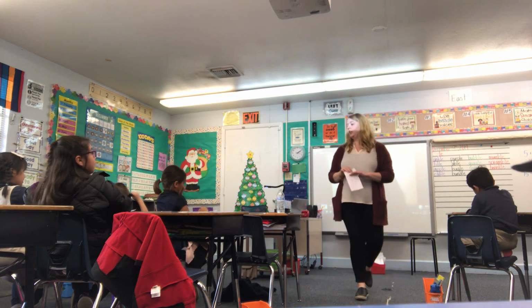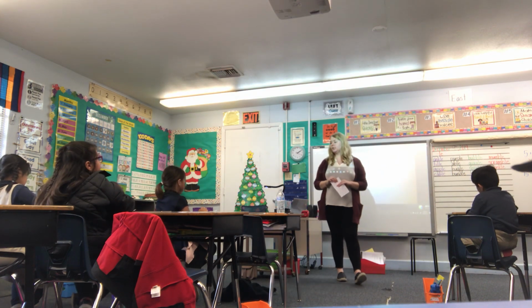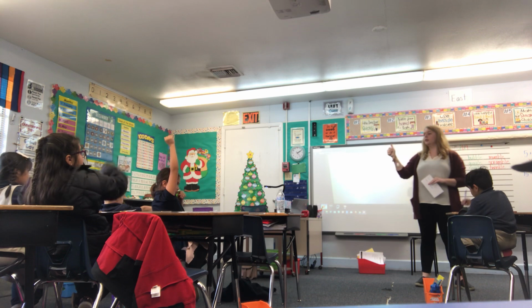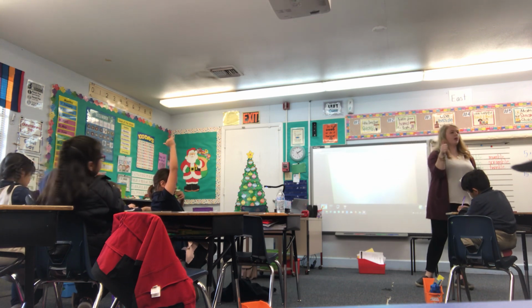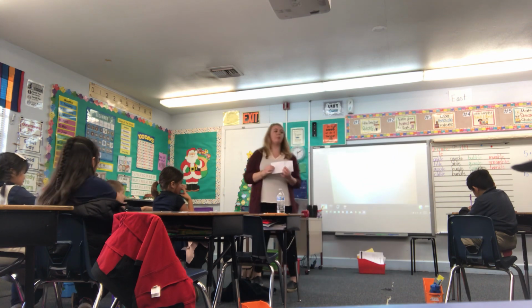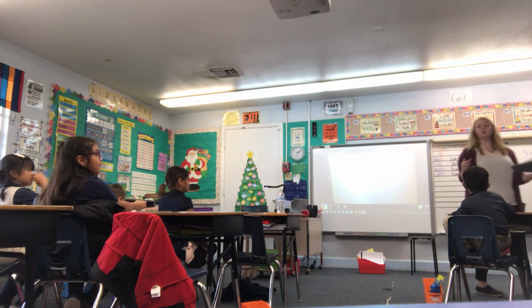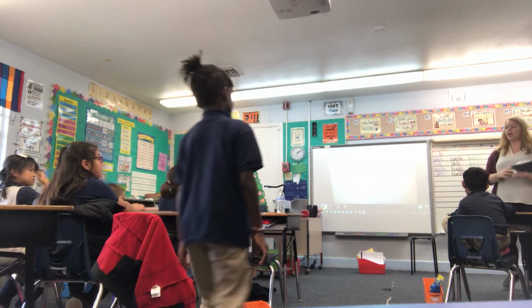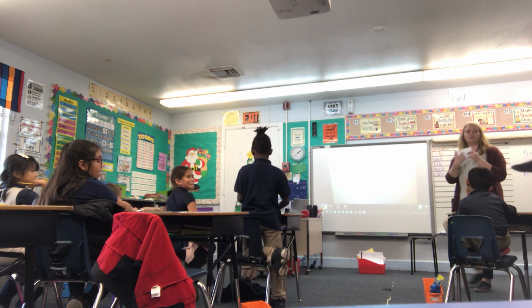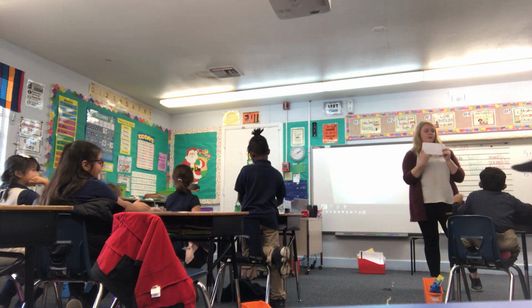Alrighty. Can I see those thumbs up if you're done? Okay, most of us are done. Great. What we're going to do is switch with a partner. In our 3s or 2s, you're going to switch with a partner, and your partner is going to solve the equation that you just made, the comparison.